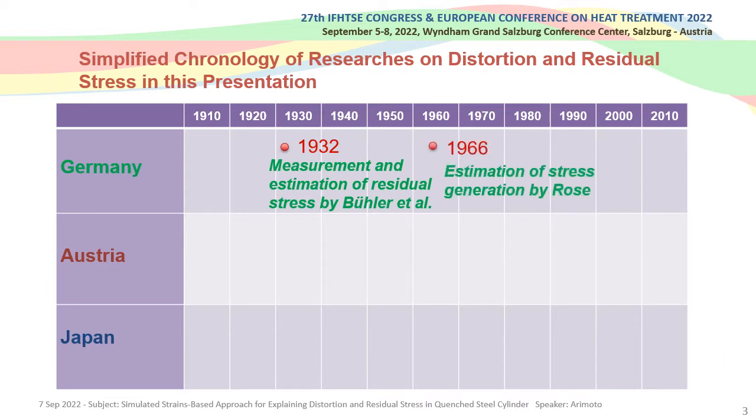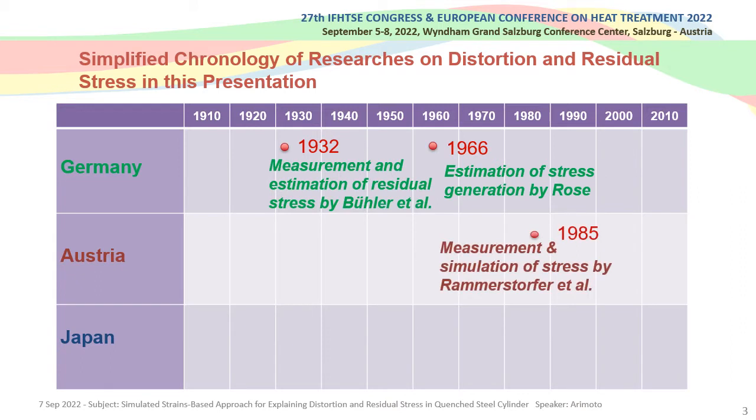In 1966, Rose attempted to explain the mechanism of residual stress generation based on the same concept and his research on phase transformation. Lammerstorfer et al. applied finite element analysis to residual stresses of quenched iron-nickel alloy cylinders.